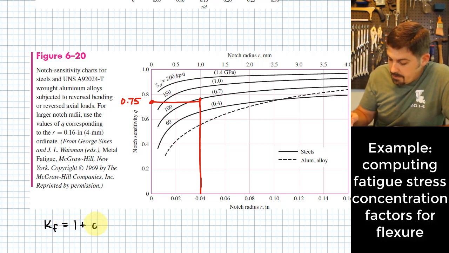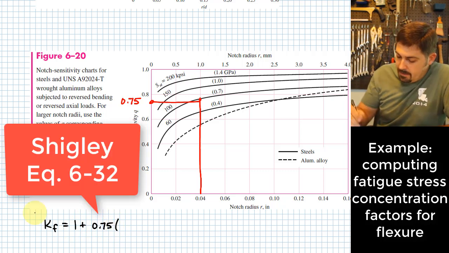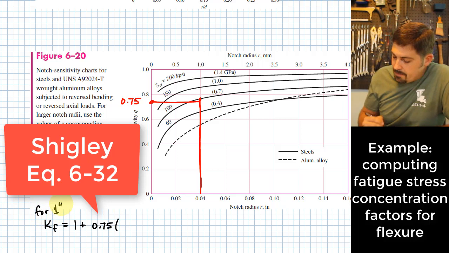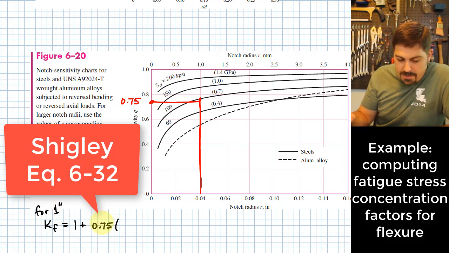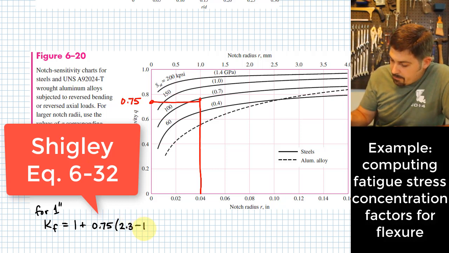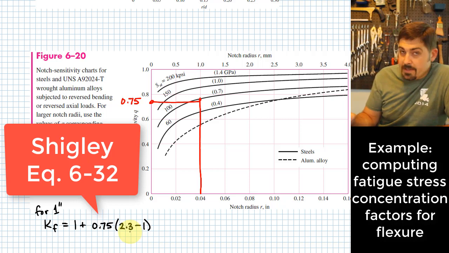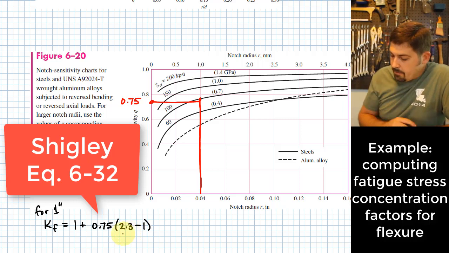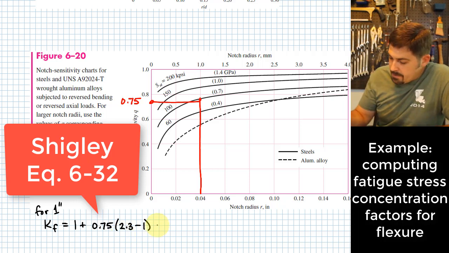1 plus 0.75 times, and again, let's start with the 1-inch portion of the shaft. You have the 0.75 times, and here we put in a 2.3 minus 1, because remember that 2.3 was the value of K sub T for the 1-inch portion of the shaft. And when I plug this in, that ends up giving me a 1.975.